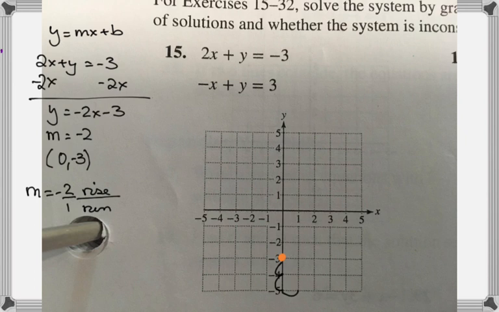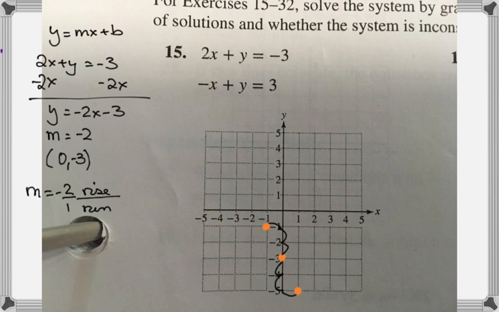And my second point is right here. Now, if you're going up 2 units, then you have to make the 1 negative. And then running in the negative direction, and you have a third point here. But my rule of thumb is always to make the top number going up or down if it's negative, and the bottom one is positive.